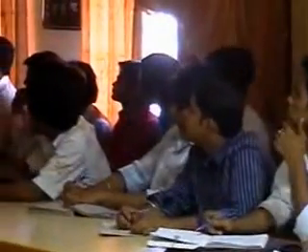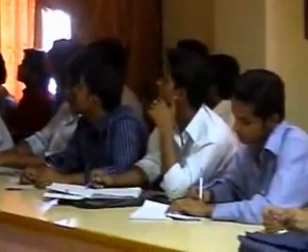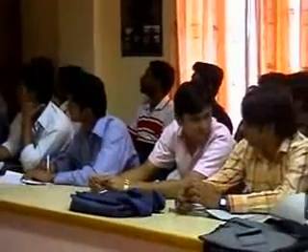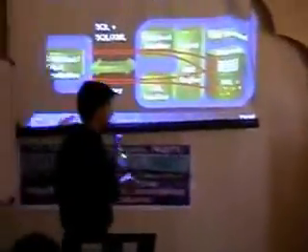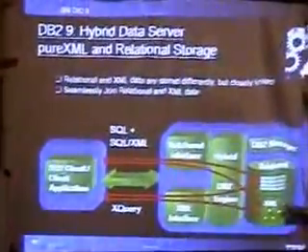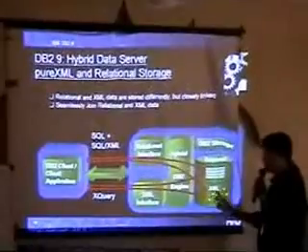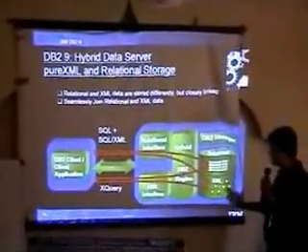Okay, so as I was telling you, with DB2, see the difference. We now have both an XML interface and a relational interface. So we are storing XML in a native form. We have a hierarchical structure at the very base of it. This is not being supported by any other database.